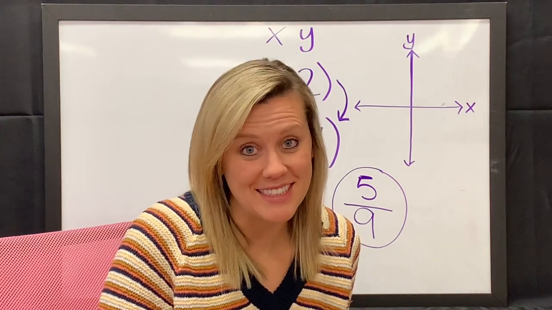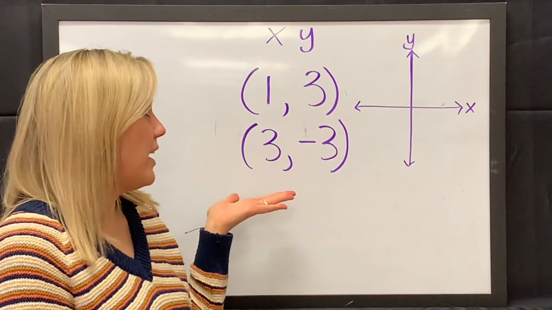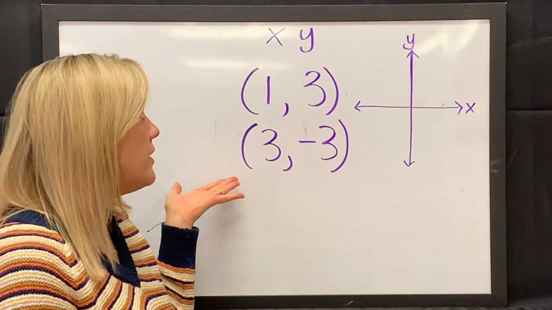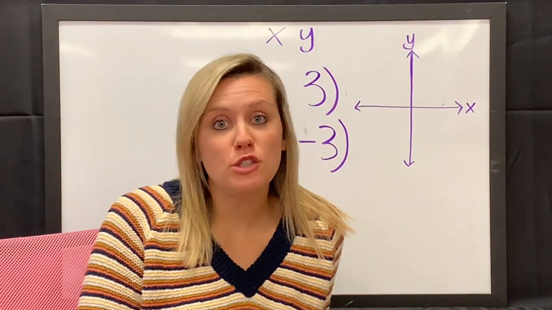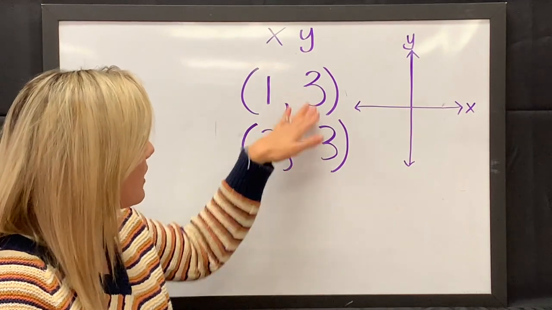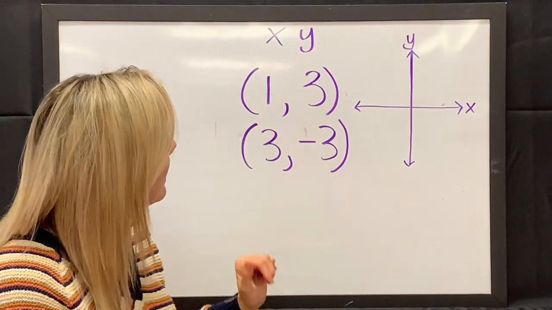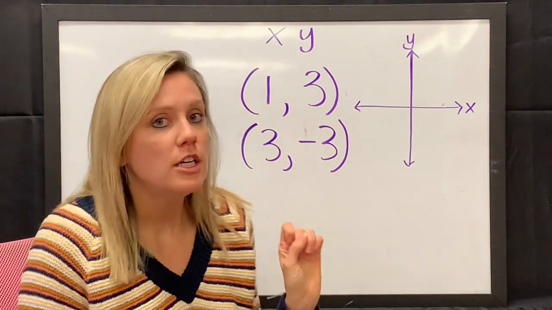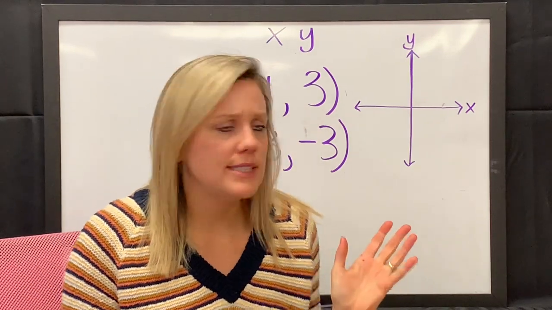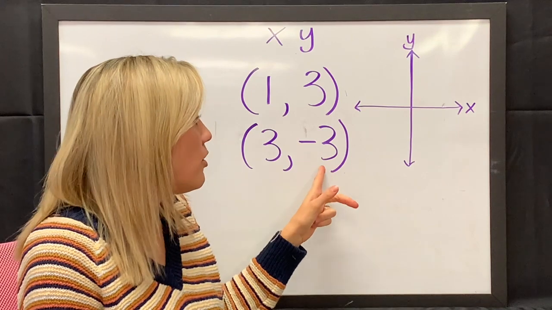Okay, let's keep going. Our next set of points are 1, 3, and 3, -3. The first thing I'm going to do is look at my y points right here, and I'm going to think, what would I have to add to 3 to get to -3? Right away, I want you to see that -3 is a smaller number.